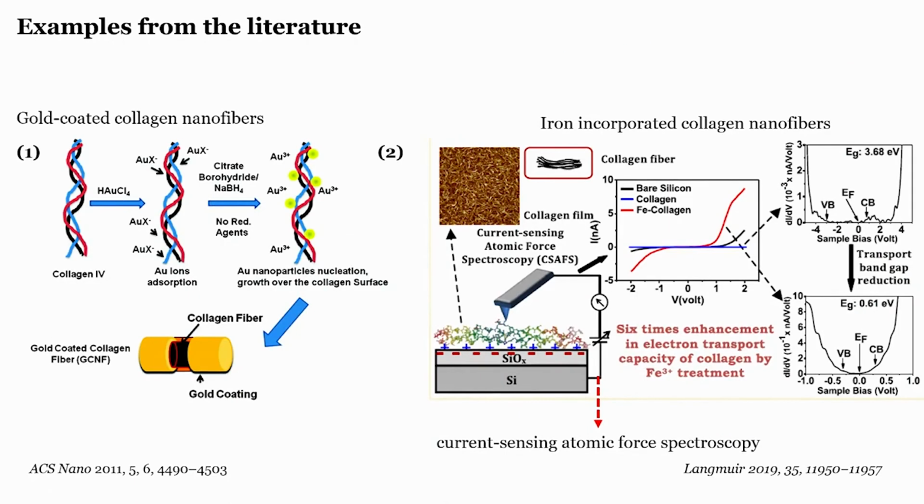So the next example is chosen again from the literature, and here we have taken the example where collagen, which is the most abundant type of protein found in animals, has been modified by introducing metal elements, by decorating it or encapsulating it with metal elements, and then they have studied its electrical properties.